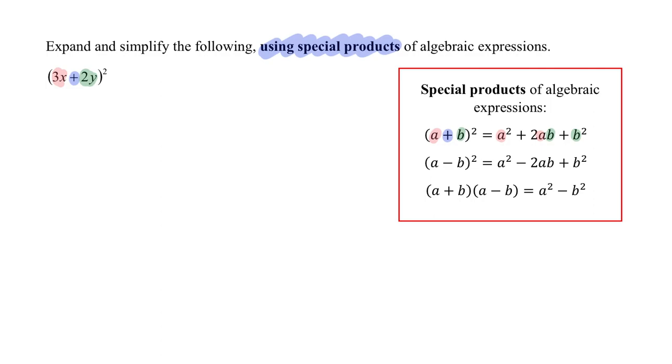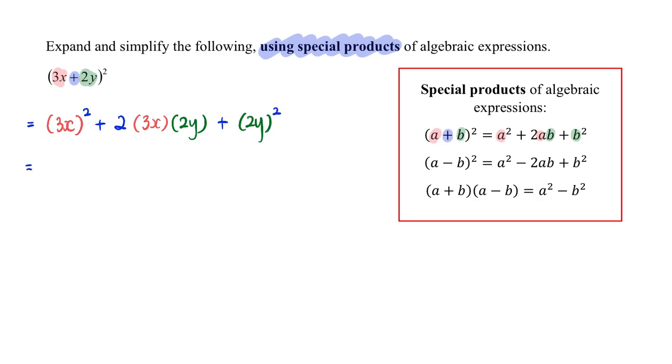And without further ado, this will be the solution. 3x, this is my square plus my 2. A now is 3x. B now is 2y. And my c, no c, but a b square, so it's 2y square.